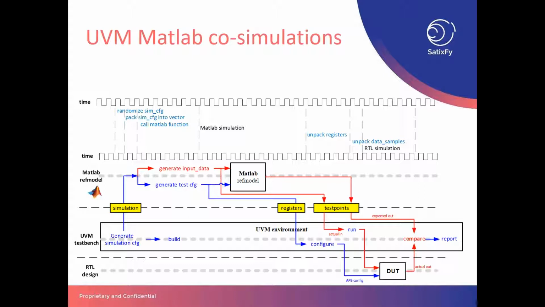One important point to mention is that preferably you will have a bit exact Matlab model. So then the comparison between the buses in the RTL will easily match with the vectors from the Matlab.